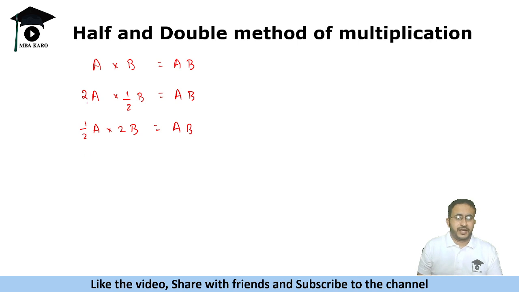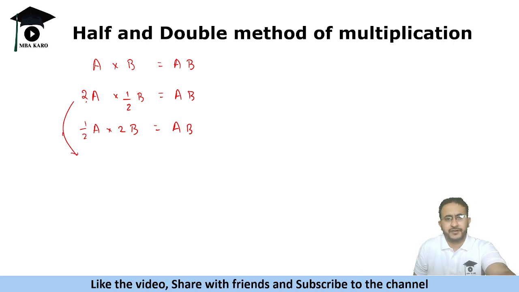If I take even double of this, or let's take the first case itself, where we are taking half of this number, which will give us the result as 1/4 of A into 4 times of B, we still get the product AB.